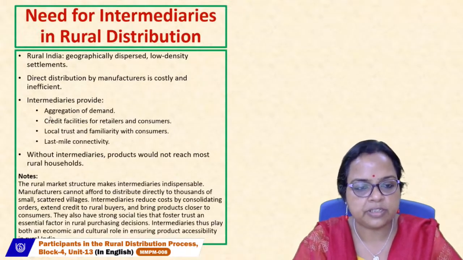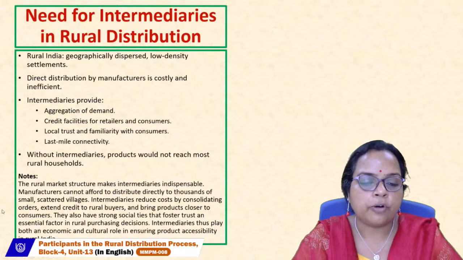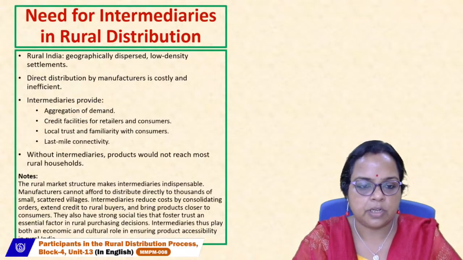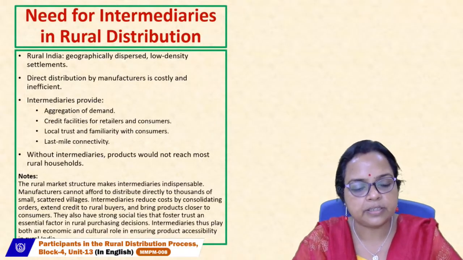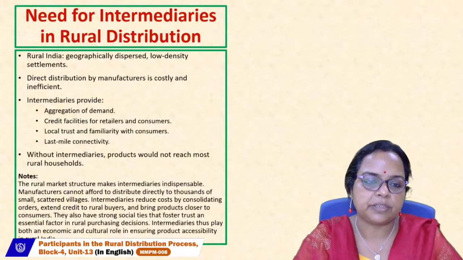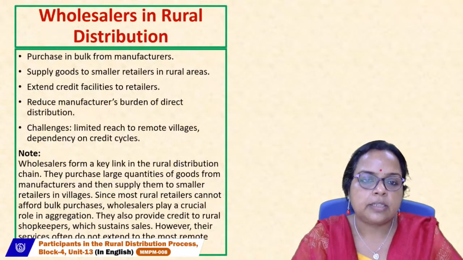Because rural distribution cannot avoid them, and rural distribution cannot solely depend on the model of distributing product from the manufacturer to the customers. This is near impossible for the rural belt. So there is a need to depend on these intermediaries. Who are the wholesalers?